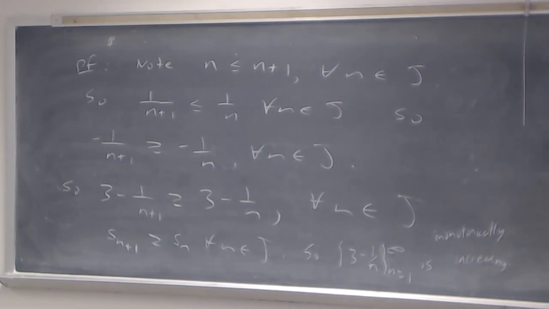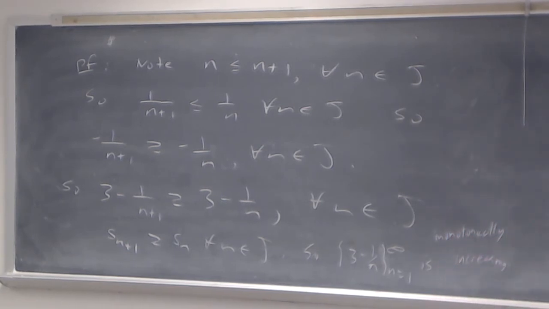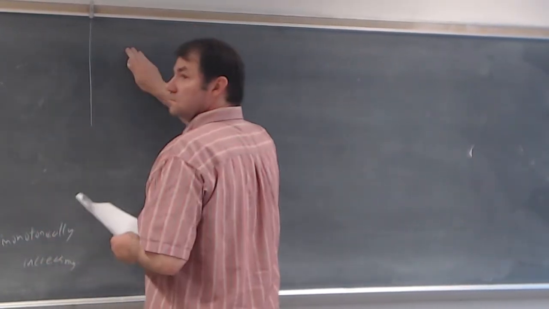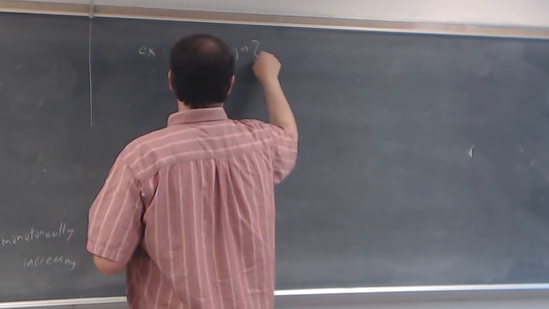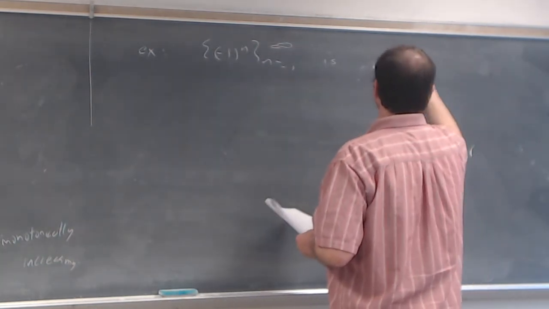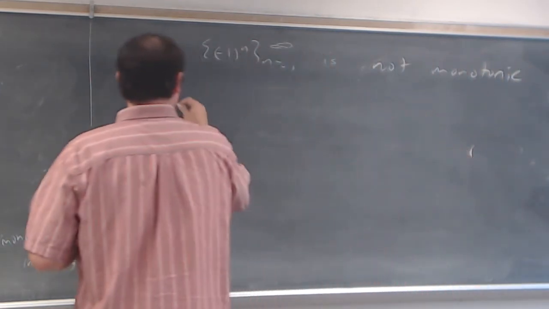Lastly, let's look at an example that's not monotonic. Okay, a final example, minus 1 to the n is not monotonic. And here's the reason.